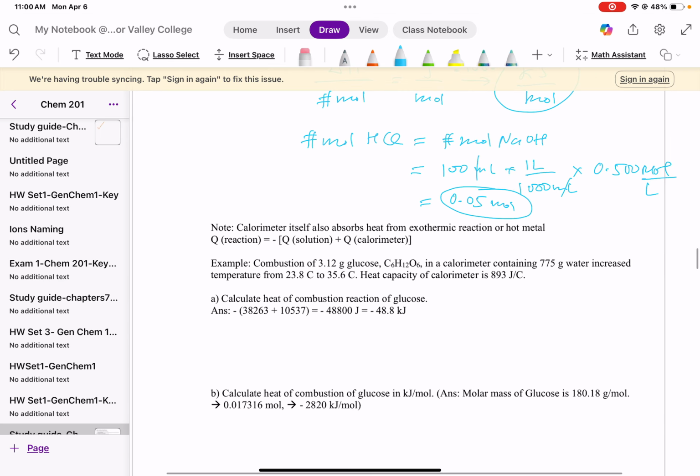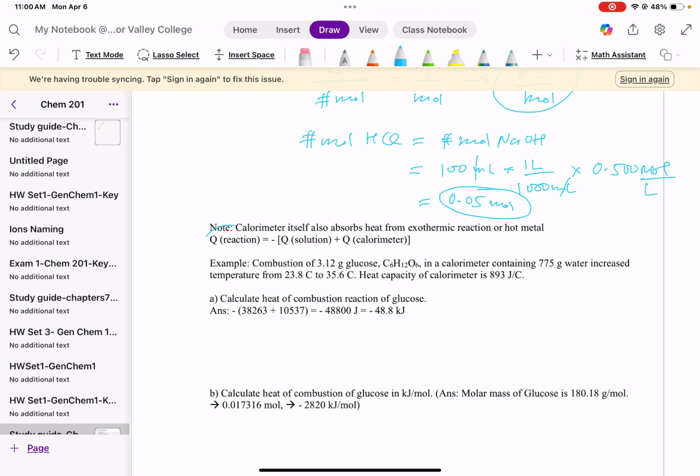If we do a calorimetry, heat of reaction is going to be minus, don't forget the minus, the heat of solution plus the heat absorbed by the calorimeter. Here's a good example.